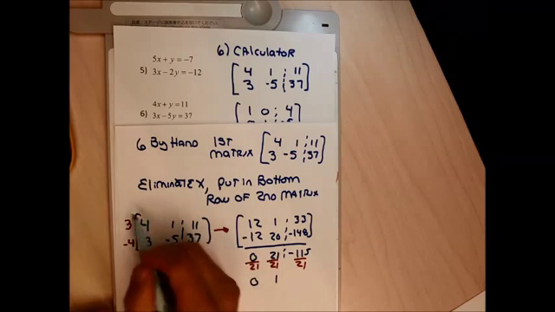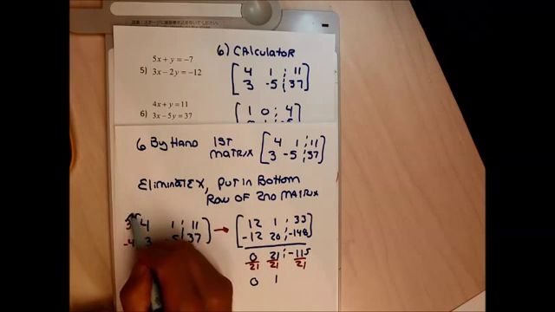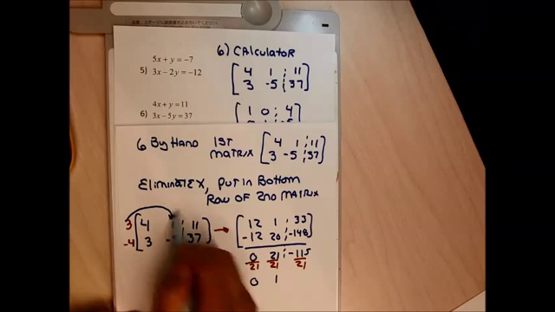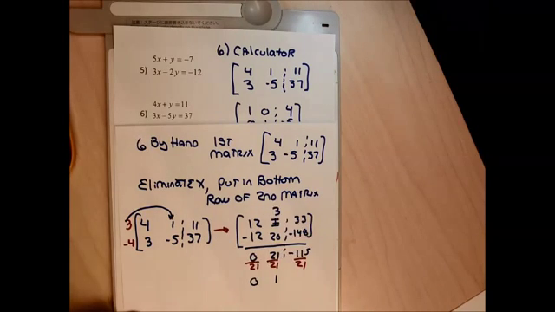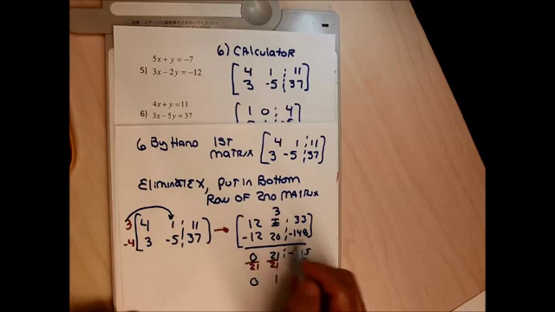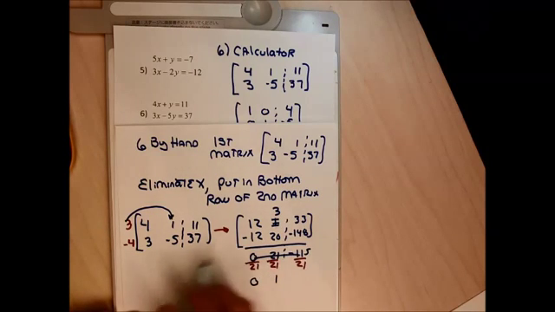Oh, this should be 3. Look what I did right here. I went 3 times 1. I didn't write a 3. I left it as a 1. So that should have been a 3 here, which means this row should have been 0, 23, negative 115.